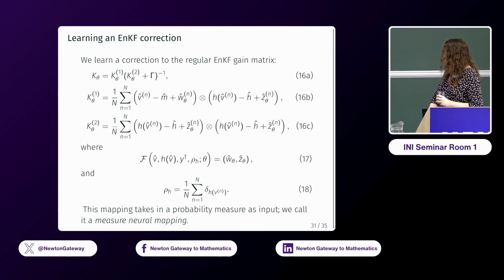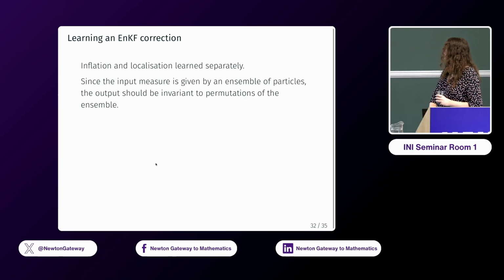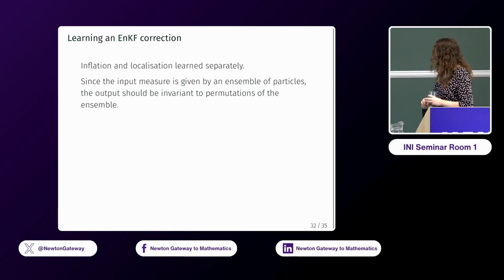There's a lot more mathematical discussion in the paper, but I'll show some results for this. The nice thing about this is this neural network is what's called a set transformer. This is a permutation invariant neural network. So essentially, since we're giving as input an ensemble, we want this output to be invariant to permutations of the input ensemble, because any permutations are not significant.